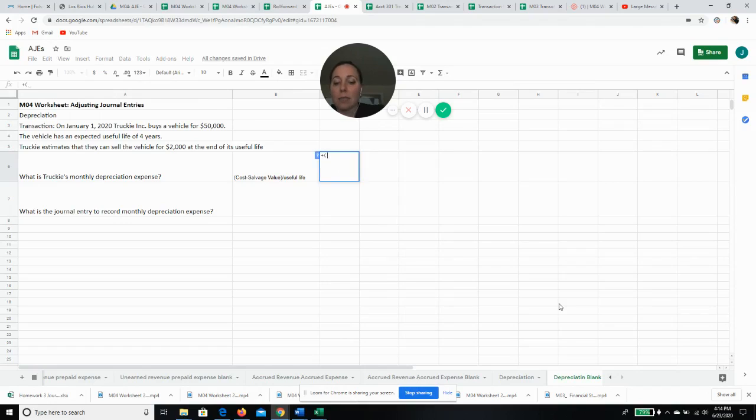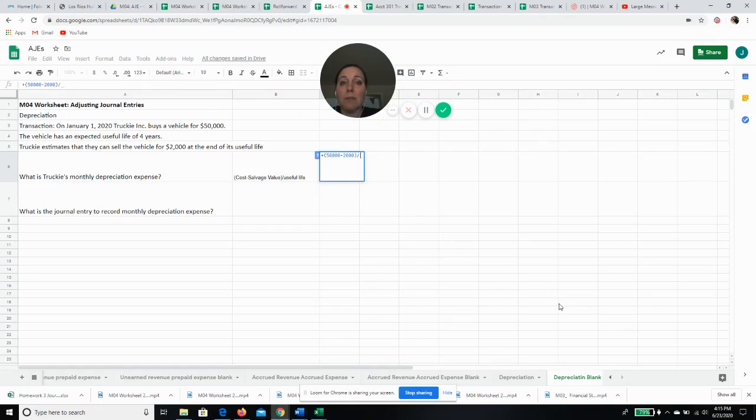So our cost is $50,000. That's what we paid for it. And minus our salvage value is 2,000 divided by our useful life. Our useful life is going to be 48 months. We're calculating monthly depreciation.